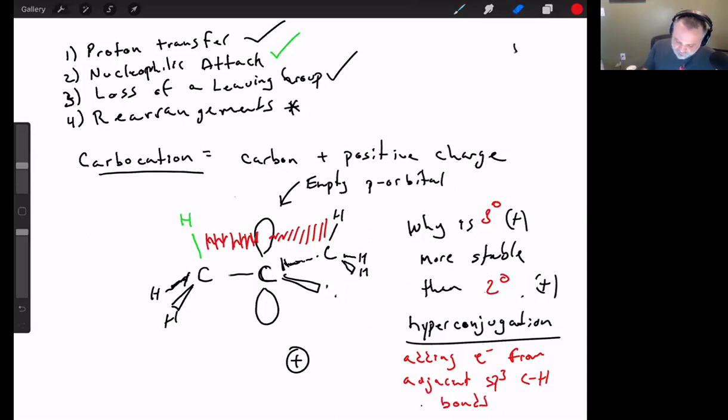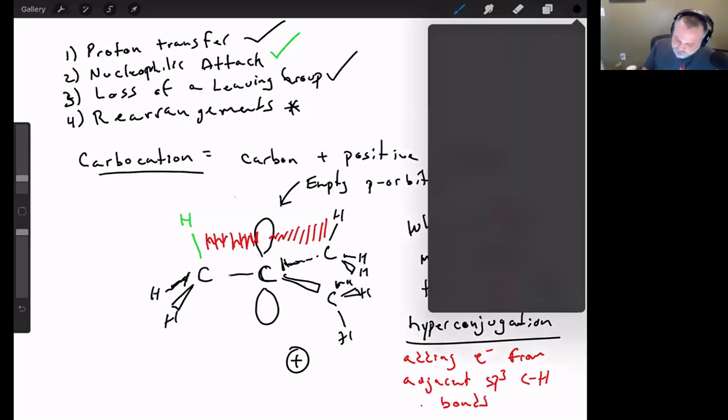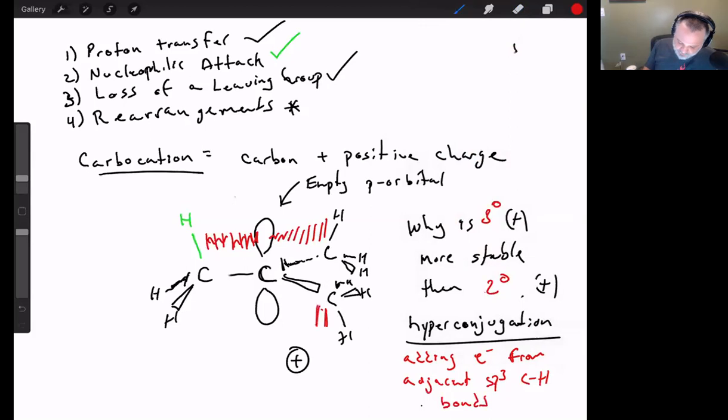It's for the same reason. If I have yet another CH3 group, I'll have a third opportunity to donate electron density back to that empty p orbital. And so this is an illustration of why a carbocation that is connected to more carbons is generally more stable. So I want to pause just a beat and see if anybody has any questions about that, because there's one more situation that I want to talk about when it comes to cation stability.